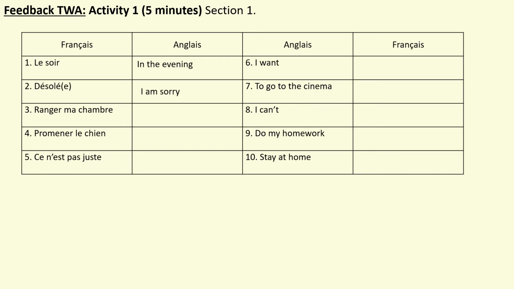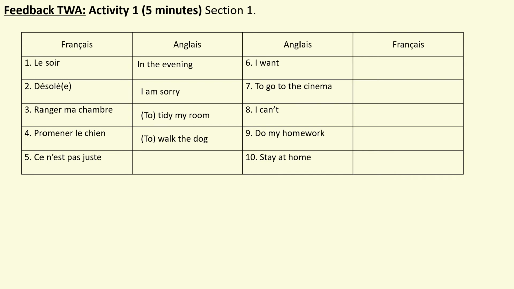Désolé is sorry or I am sorry. Ranger ma chambre is to tidy my room. We had this in the do now. Promener le chien is to walk the dog. And I've put 2 in brackets here for ranger ma chambre and promener le chien because I know you've had them and you've been using them after je dois, I must.